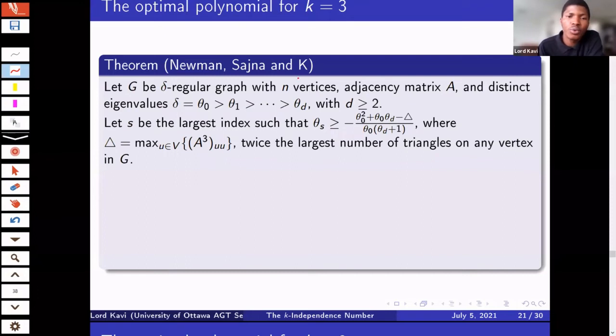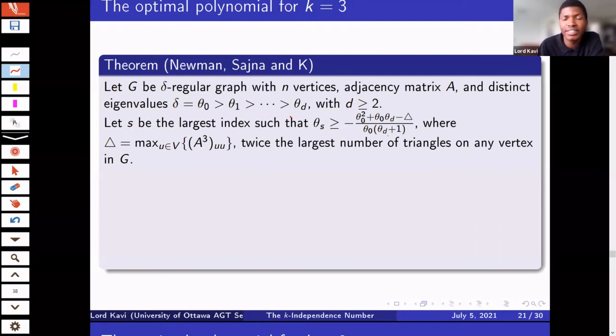In our work, we define S, everything is the same. We are looking at the regular graph on n vertices with adjacency matrix A and eigenvalues as given. Let S be the largest index such that theta S is greater than this value, minus theta naught plus theta naught theta d.